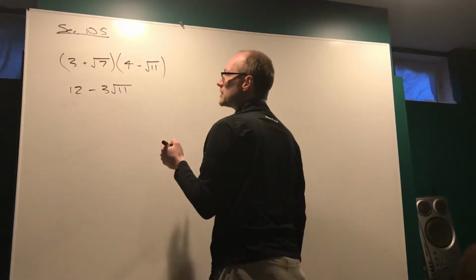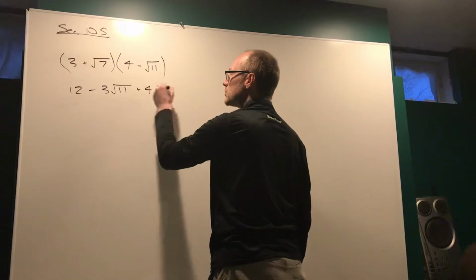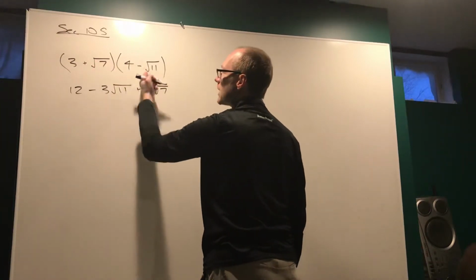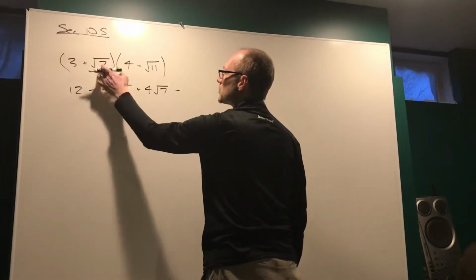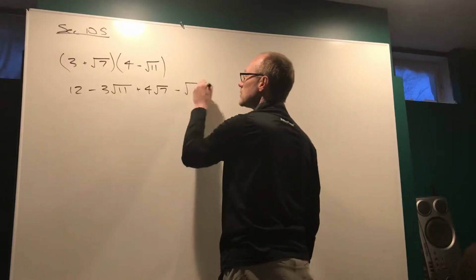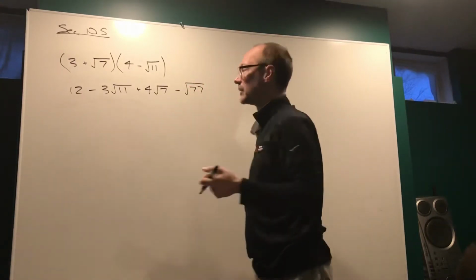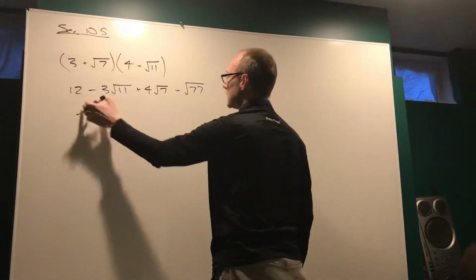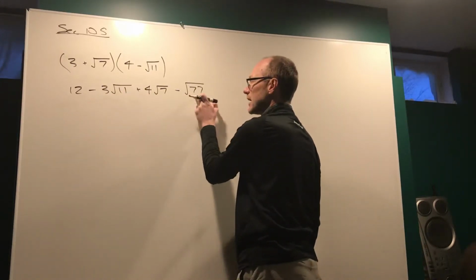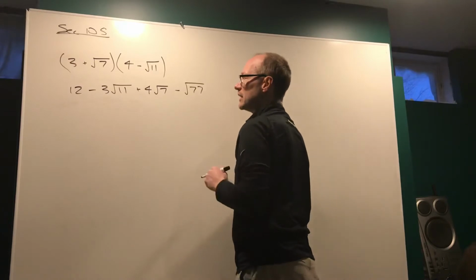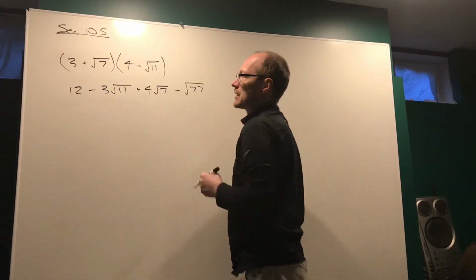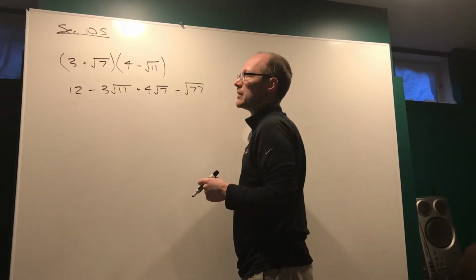Square root of 7 times 4 is positive 4 square roots of 7. And square root of 7 times minus square root of 11 is minus square root of 77. It looks like none of these can combine together. This doesn't simplify; the only factors of 77 are 7 and 11. But that's how you would multiply these.